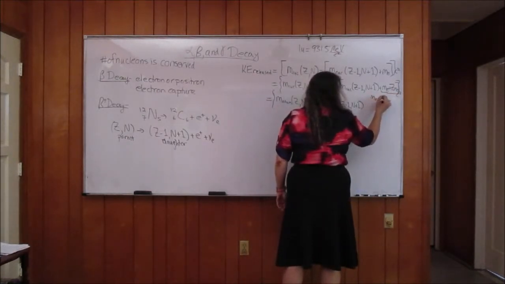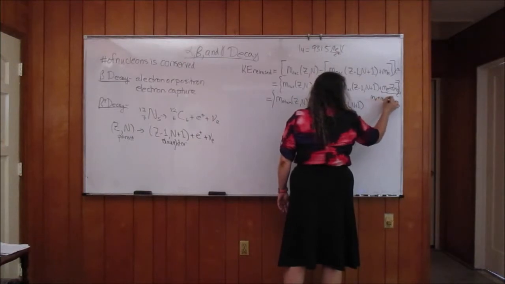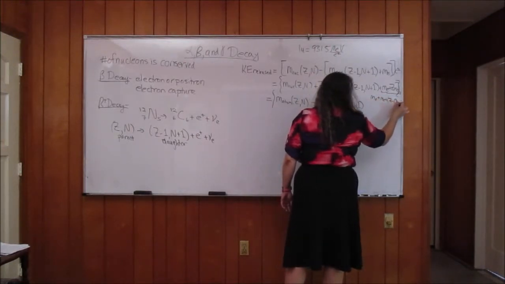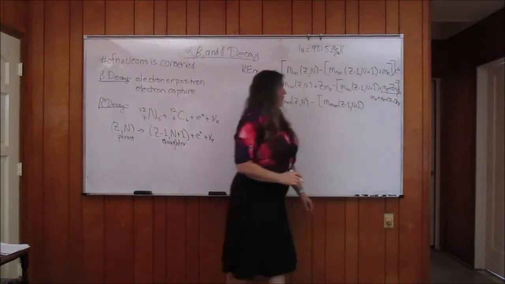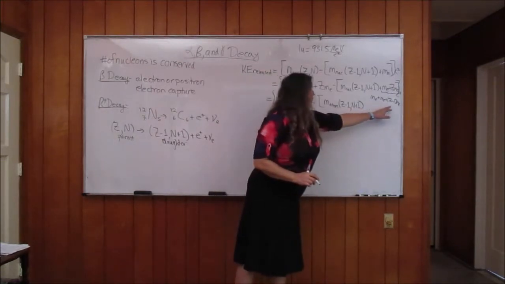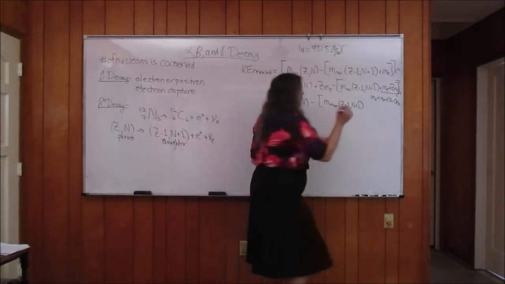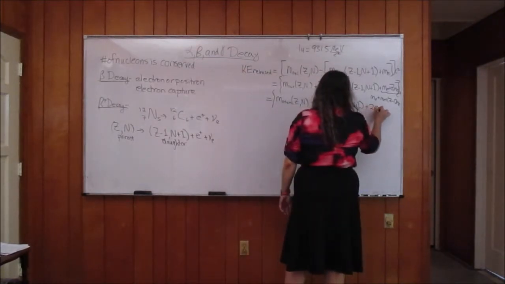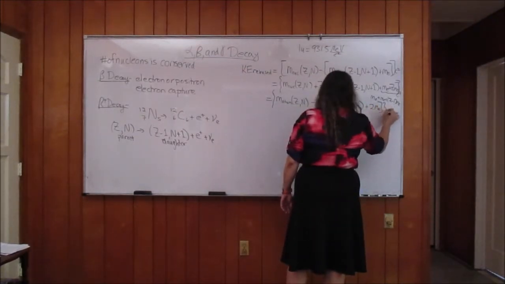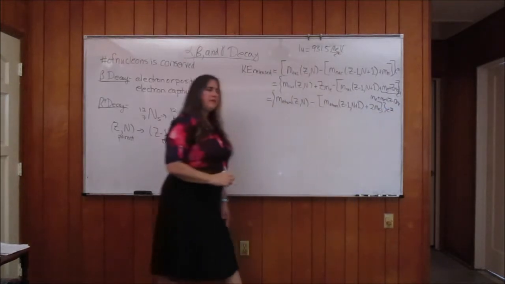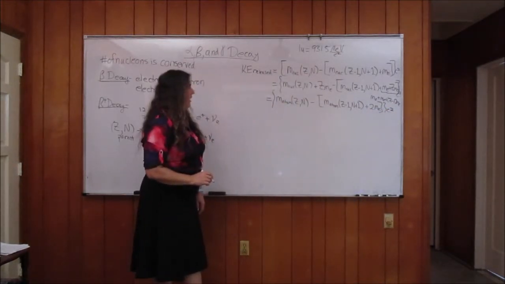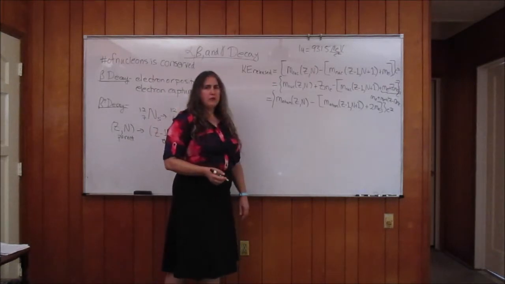We have the mass of the electron plus the mass of the electron plus Z minus 1 times the mass of the electron, okay? And so this Z minus 1 times the mass of the electron combines with the nuclear mass term, and I'm going to be left over with 2 times the mass of the electron. And that's how you calculate the amount of kinetic energy released.